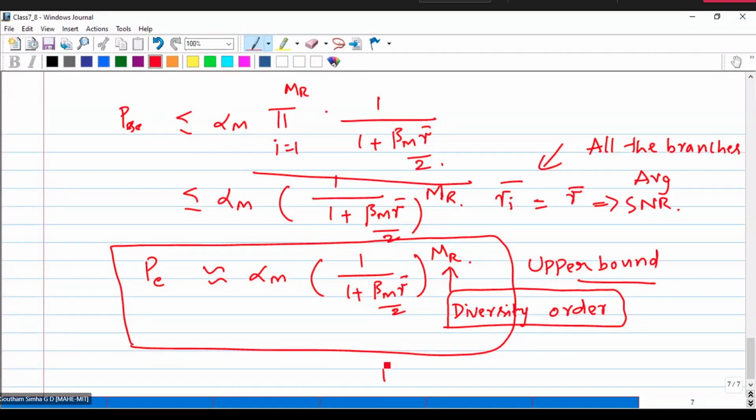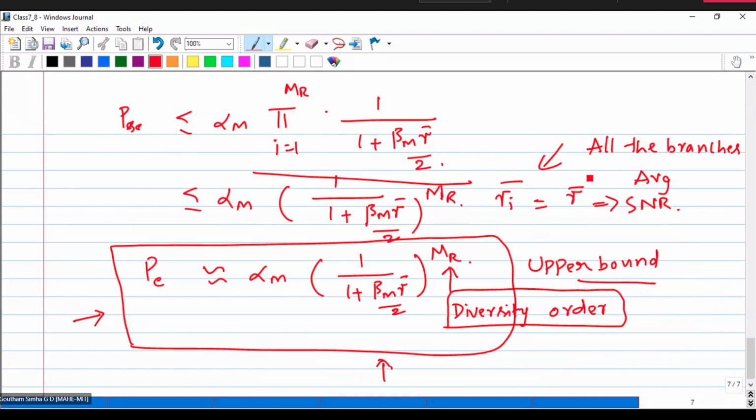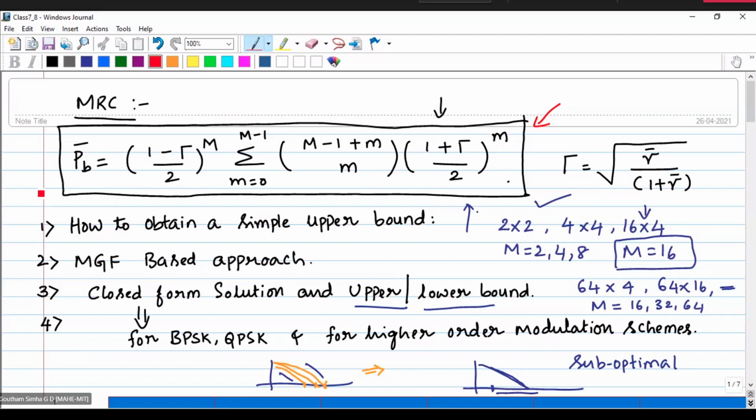Now what is the fun in doing all these things? If you closely observe, whatever probability of error, symbol error or bit error, you calculate with this equation compared with the first equation is approximately the same. You don't have to calculate the probability of error exactly if you cannot find it for higher modulation orders.